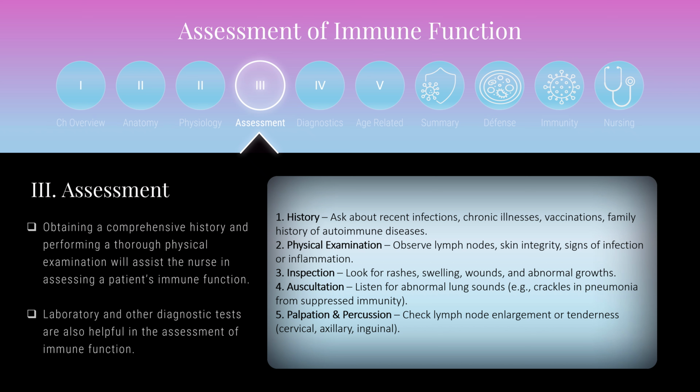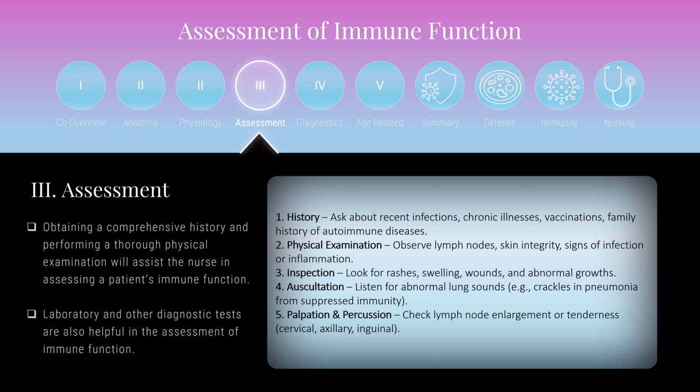Assessment: the nurse will obtain a comprehensive history and perform a complete physical examination, which will assist the nurse in assessing a patient's immune function. The laboratory and other diagnostic tests are also helpful in the assessment of immune function.